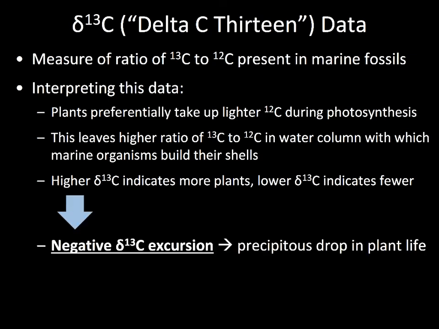So how this plays out in terms of mass extinctions is you can use delta C13 levels as a marker of mass extinctions. If you see relatively stable delta C13 and suddenly it drops precipitously, that must mean that during a geological instant, all of the plants in that given area died off, because you're seeing what the literature calls a negative delta C13 excursion, which is a really long way of saying a sudden drop in the ratio of carbon-13 to carbon-12 present in marine fossils in that cross-section.